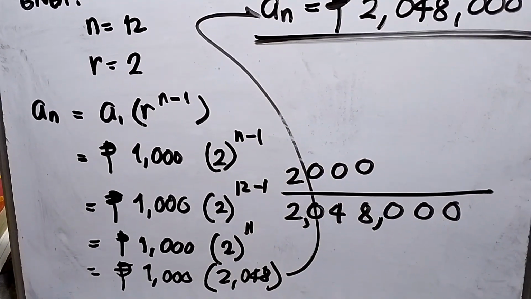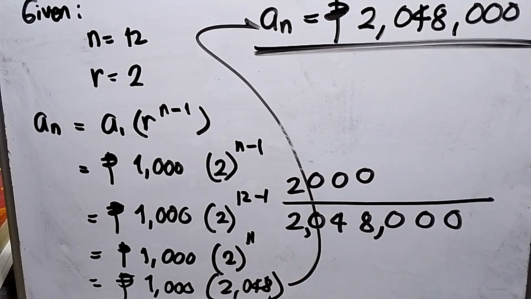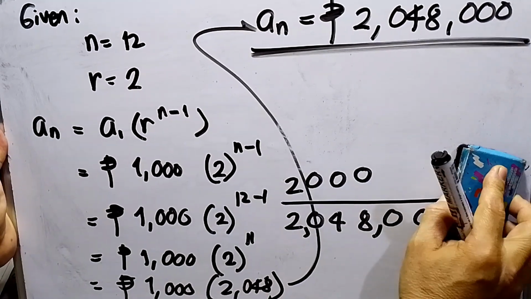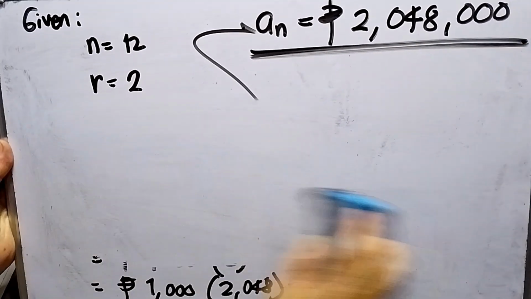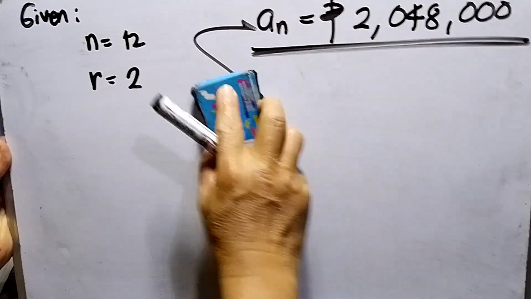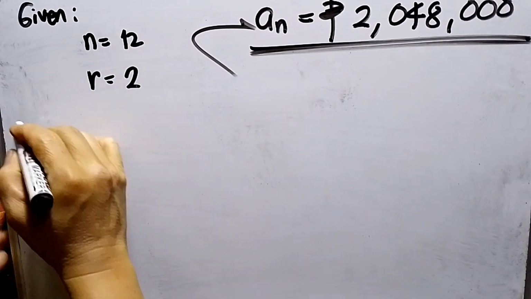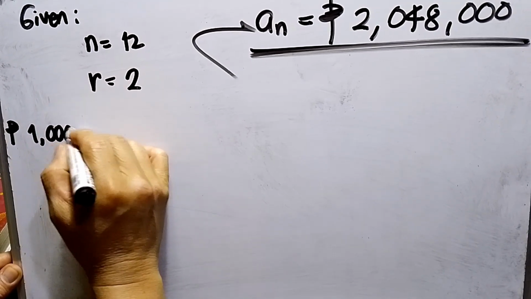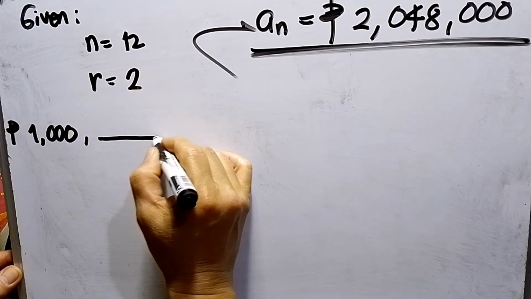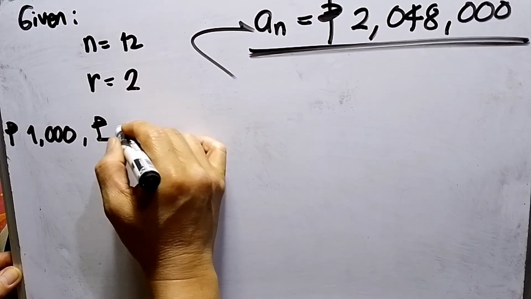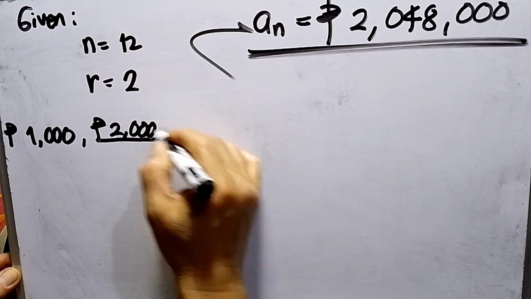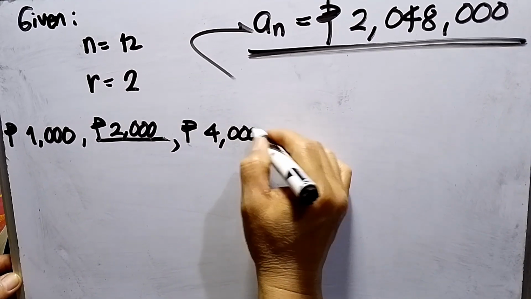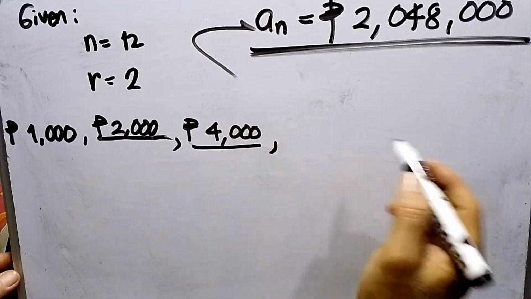So there are 12 employees and 2,048,000 pesos. Now let us check, since we know that my common ratio is 2. So this starts from 1,000, then 2,000, then 4,000, until 12.